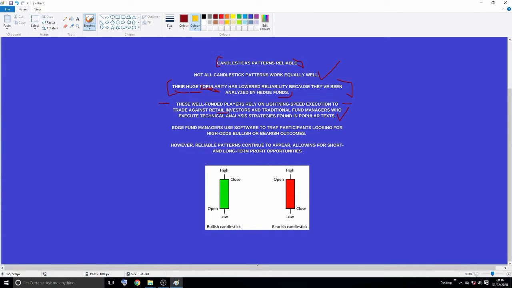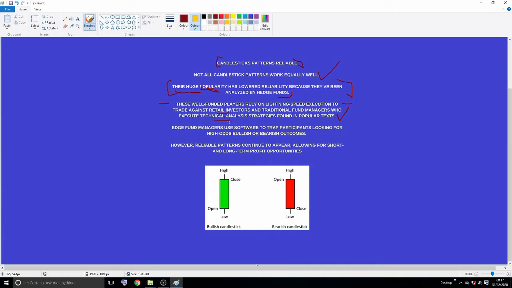These hedge funders don't mind waiting for the market to form a certain candlestick pattern, and then they trade against it to trap the retail traders and traditional fund managers. They know what we are looking for as traders who use technical analysis strategies.